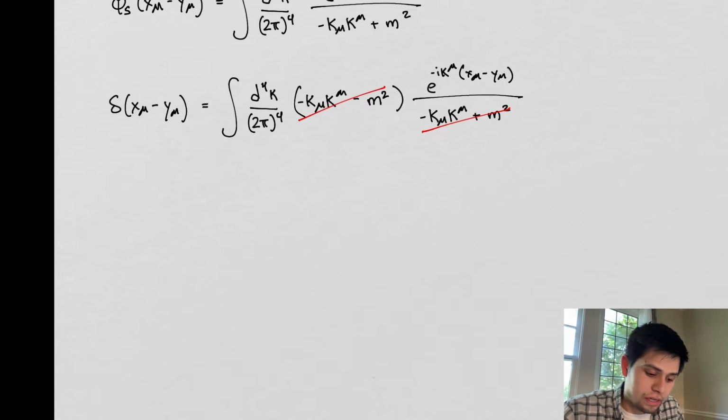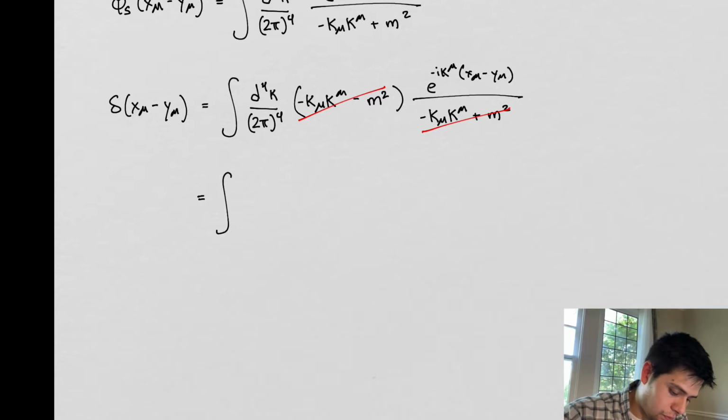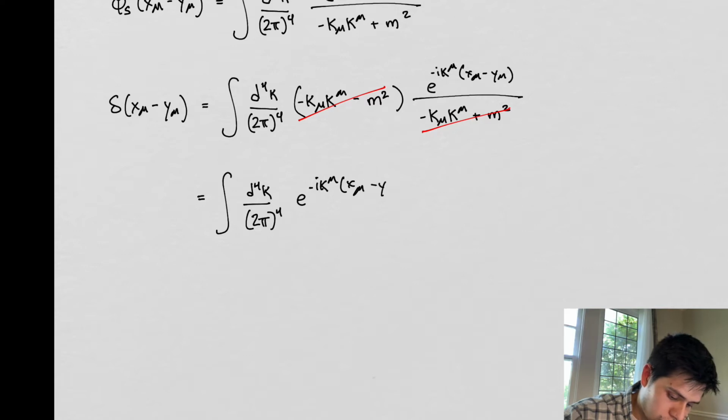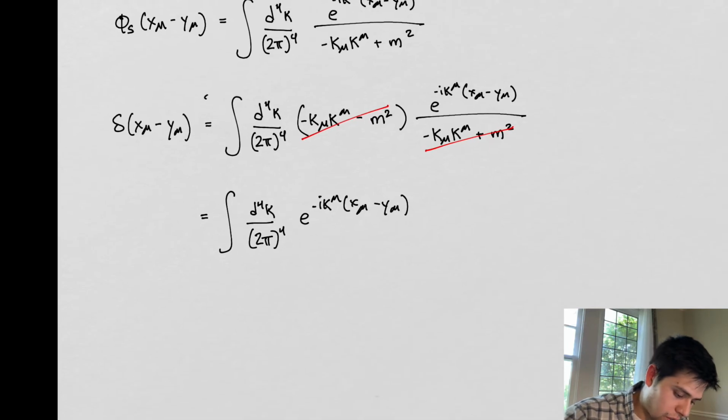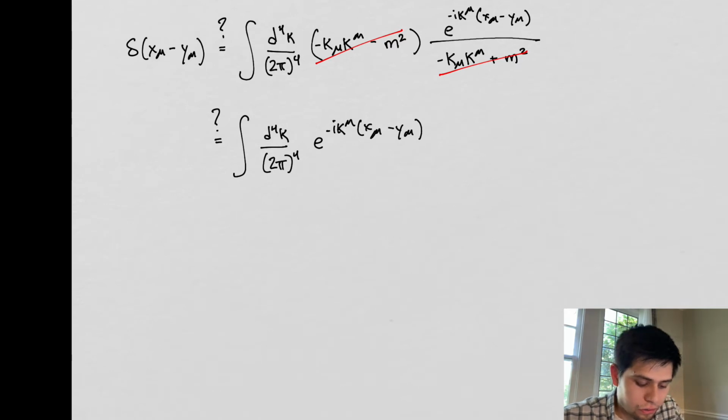And when we cancel those guys out, we get the integral of d4k over 2 pi to the 4 times e to the minus i k mu, x mu minus y mu. Okay, and what we're doing is we're saying, well, are these two equal? We can say as a definition actually that these are equal.